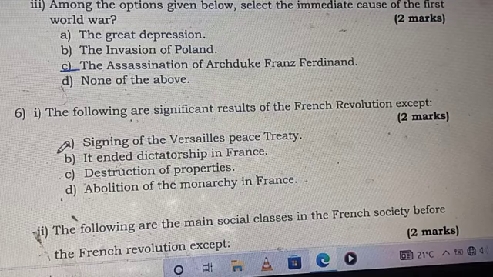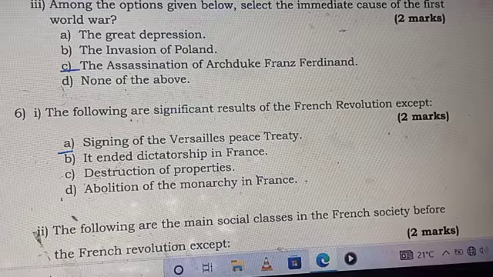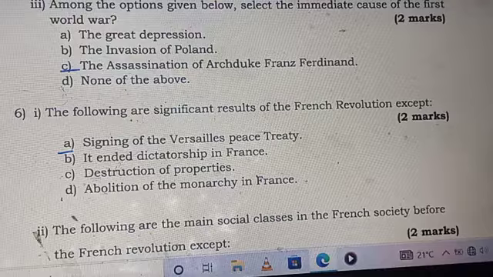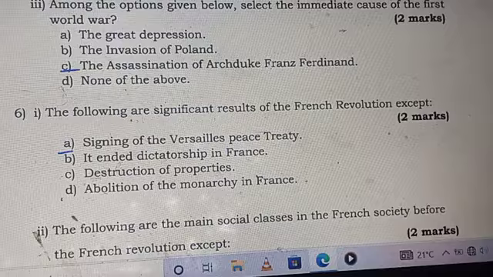The best answer is letter A: signing of the Versailles Peace Treaty. The Versailles Treaty was signed after the First World War in 1919, not during the French Revolution.